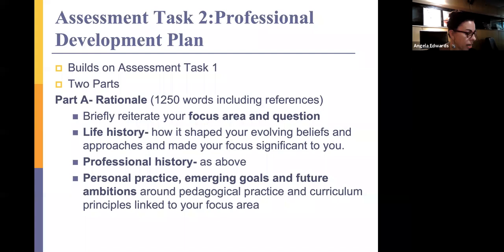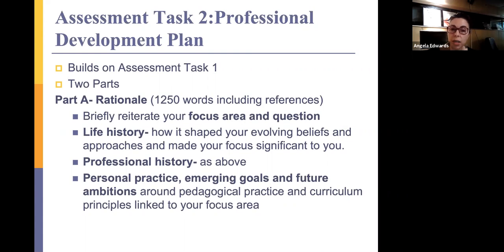So it has two parts, as you can see on the slide. Part A is your rationale, a very succinct rationale, where you will reiterate what your focus area is. So it's building on assessment task 1. It's still to do with that specific focus area and your research question. So to start with, very briefly, you would reiterate your focus area, its significance to you, and how your teaching journey has shaped your understanding around this chosen focus.